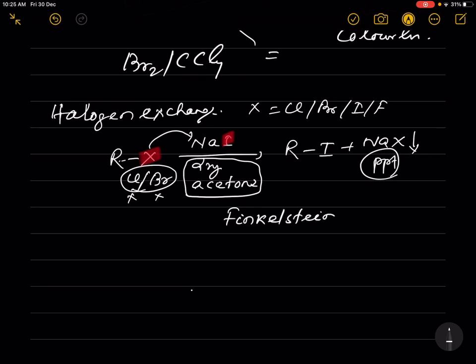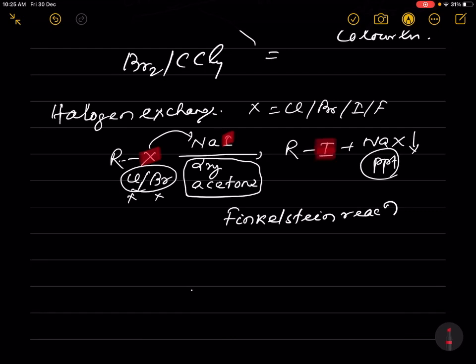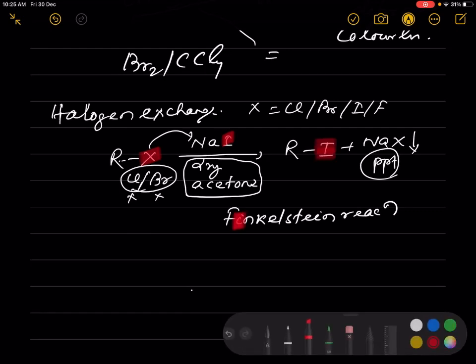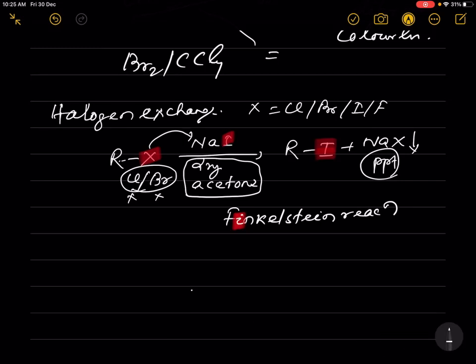One trick will be given over here. Here you have exchanged iodine. In Finkelstein, you see I is over here. So it is an easy way to remember. In Finkelstein, I is there. So here it is used to exchange iodine with chlorine or bromine.